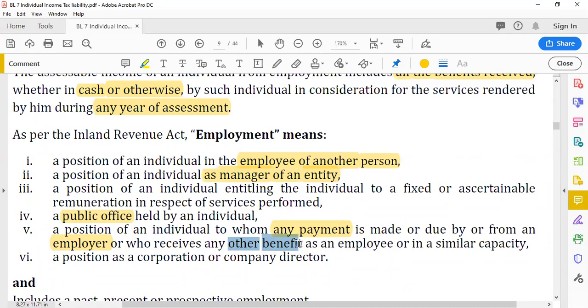He may be entitled to get some bonuses, some sort of commission fees. Everything comes under the benefits. Sometimes a person does not have any cash benefit, rather he receives a vehicle benefit or housing benefit, quarters. At that time he is treated as an employee.